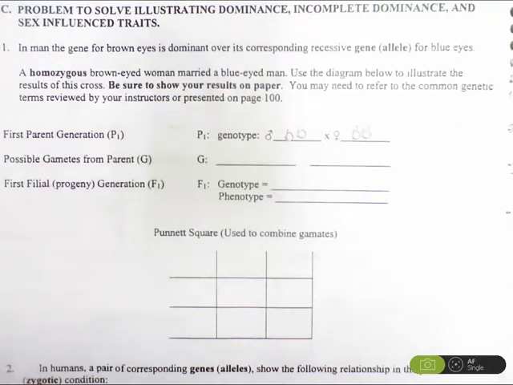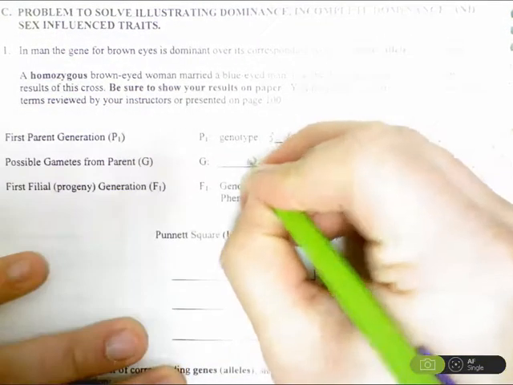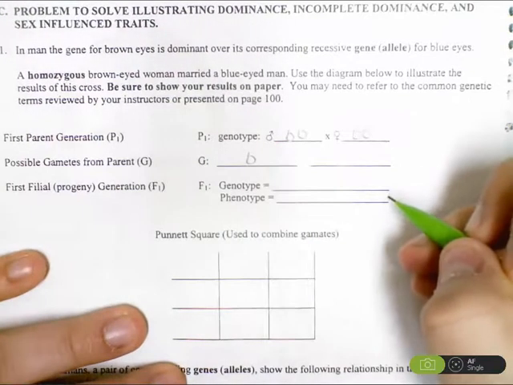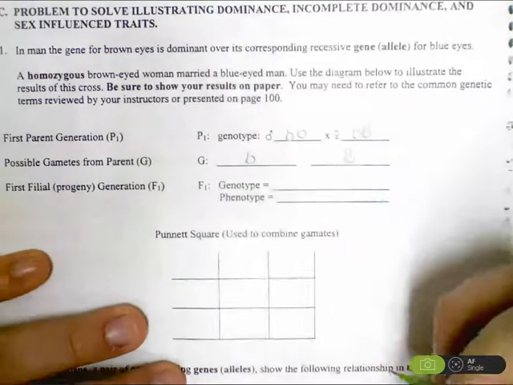What eye color does dad have? Blue eye. So what allele does he have to give? He can only give the allele for blue eyes. He doesn't carry the allele for brown eyes. So dad can only give a little b. What about mom? Mom can give the brown-eyed allele, uppercase B. That's the only thing mom can give.